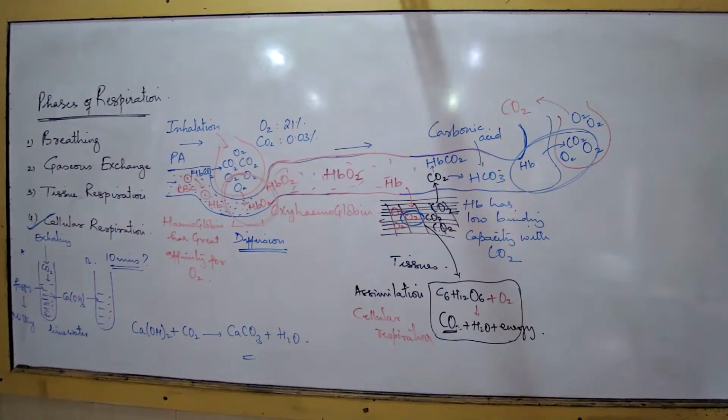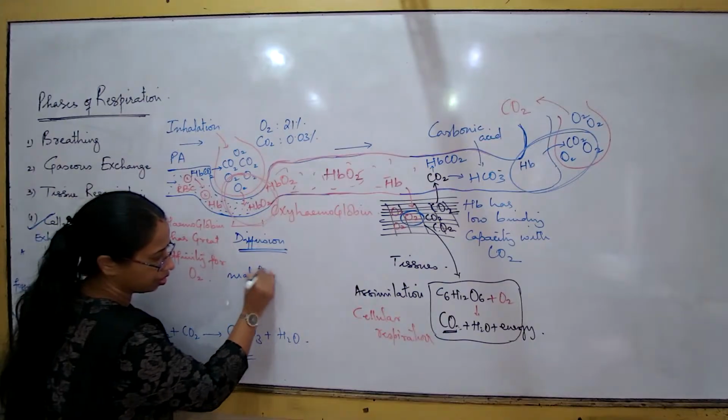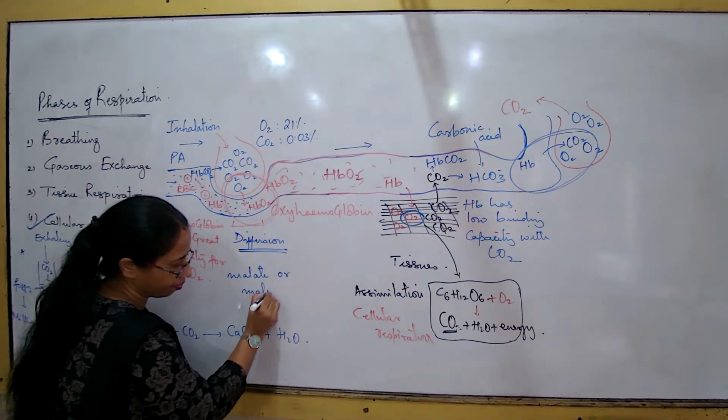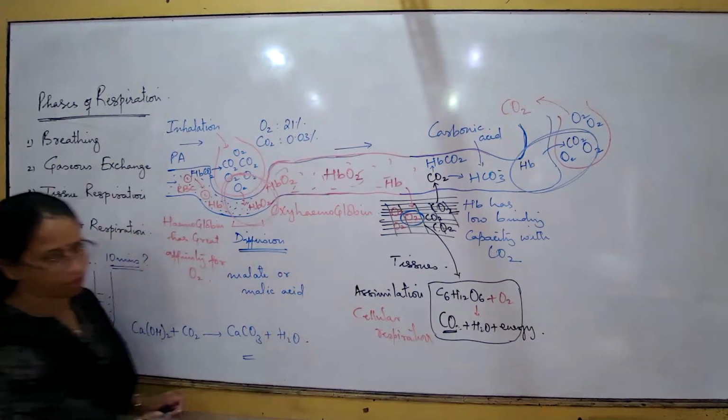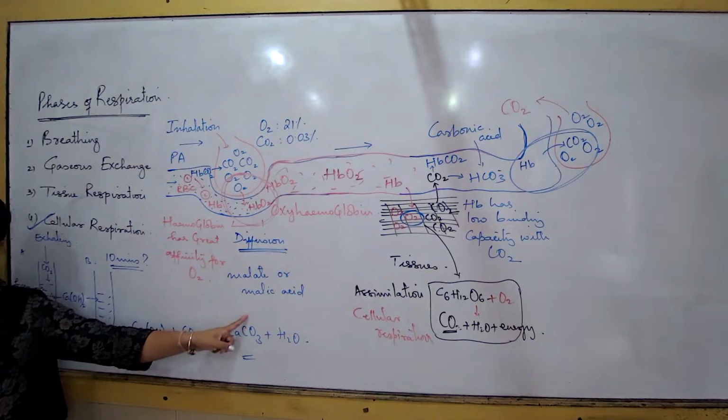Carbon dioxide dissolves in the cell sap and is converted to an intermediate product known as malate or malic acid.